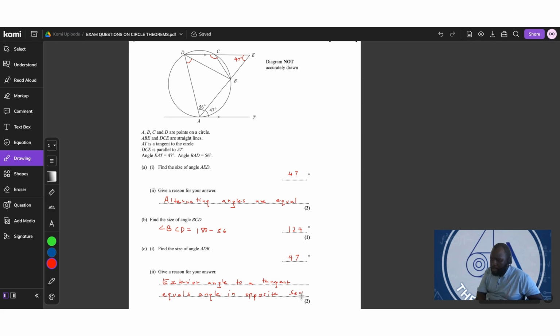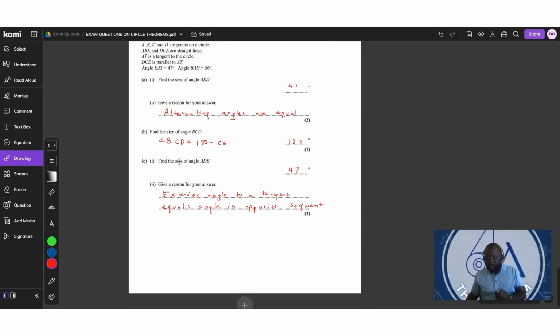Or sometimes you'll find in some books they write it equals the interior opposite angle. It's a term you can use. You can say this angle here is equal to the interior opposite angle.